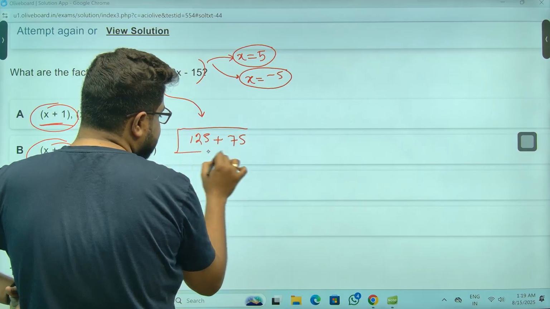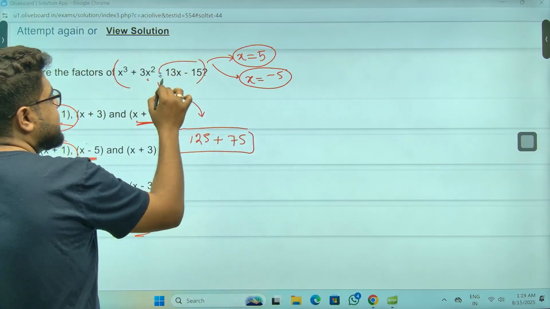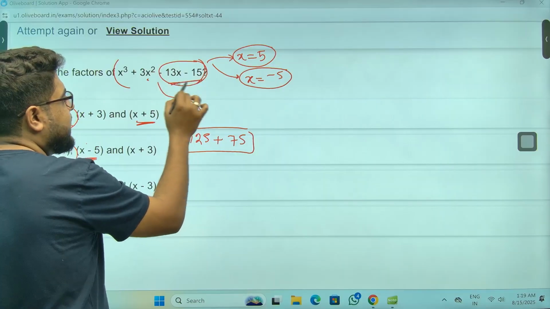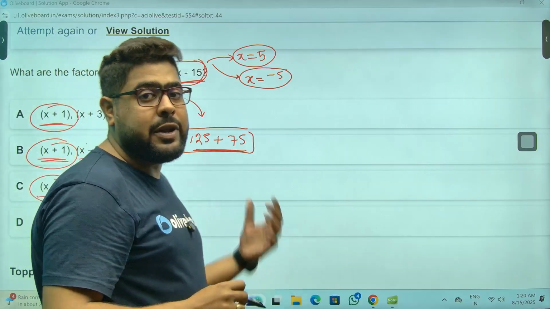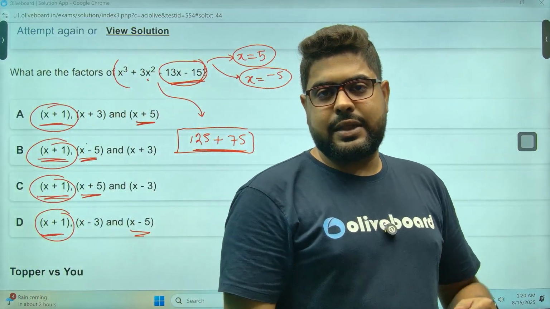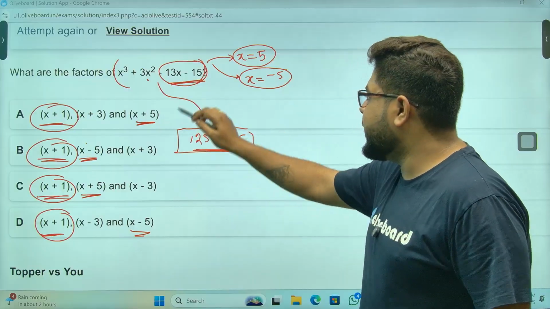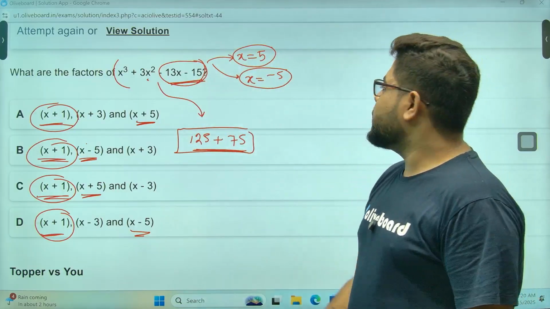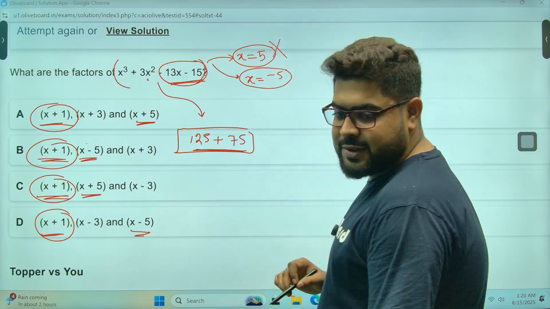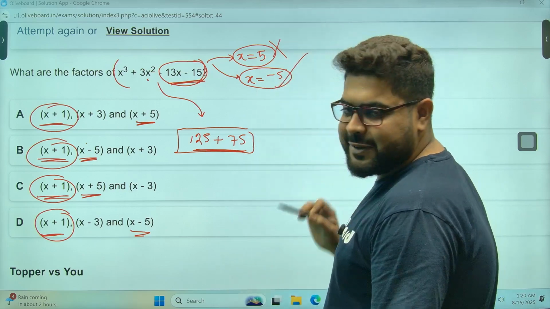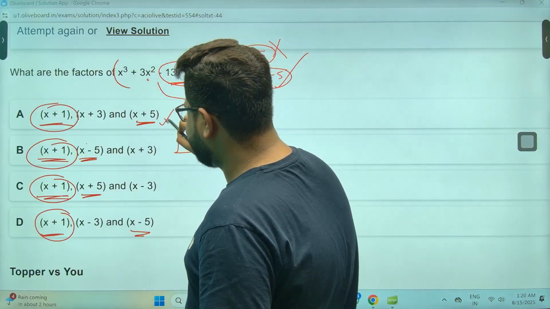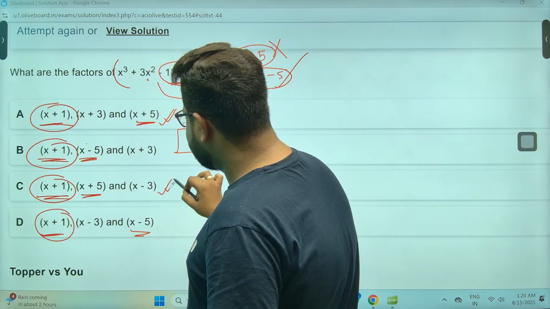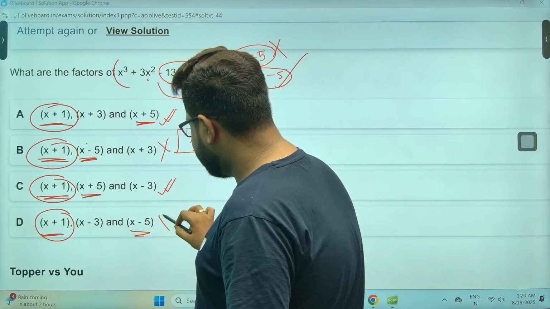From this thing only, I can see, sir, this minus part can never give you a value equal to this plus part. This plus part is way too big to be 0. So plus 5 cannot happen. Meaning, sir, it has to be minus 5. Minus 5 means either my answer will be this or this. I can eliminate now these two.